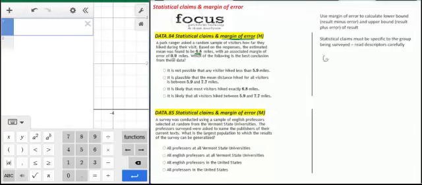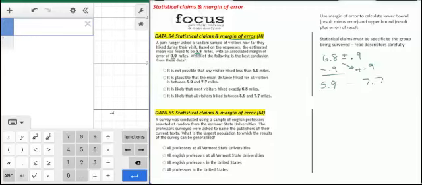That means we're taking 6.8 plus or minus 0.9. So if we took 6.8 minus 0.9, that gives us a total of 5.9. Or if we take 6.8 plus 0.9, that gives us a higher end of 7.7.